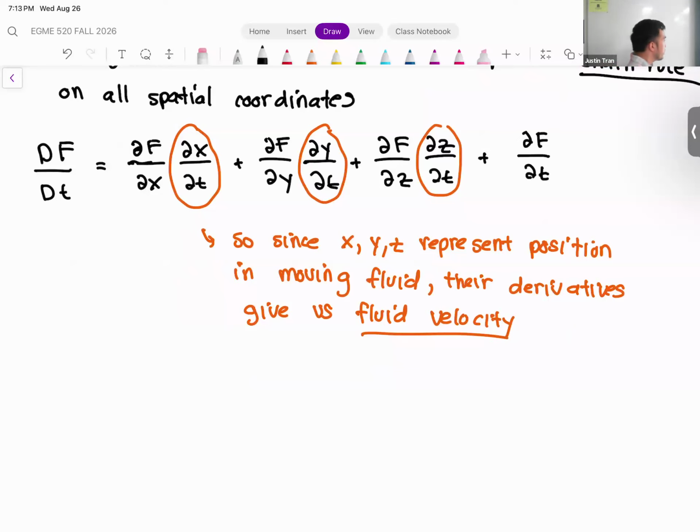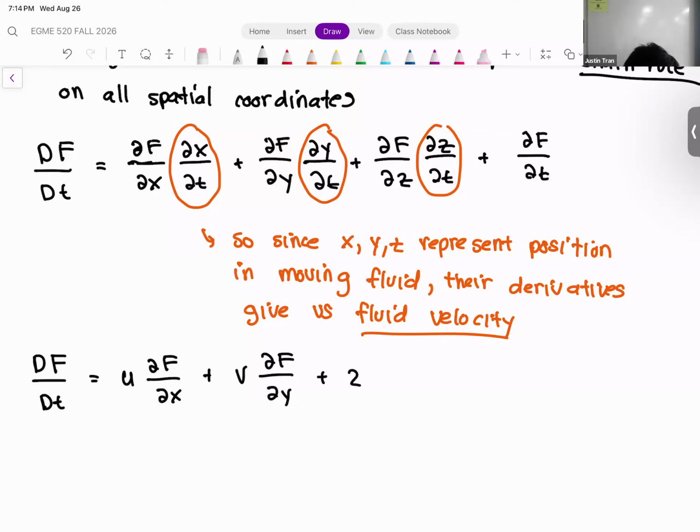And so the last step in the material derivative is to simply replace all of those partial derivatives of x, y, and z with the corresponding velocity components of the flowing fluid. All right, and so we have our material derivative, Df Dt, is equal to u partial f partial x plus v partial f partial y plus, or excuse me, w partial f partial z, plus partial f partial t.